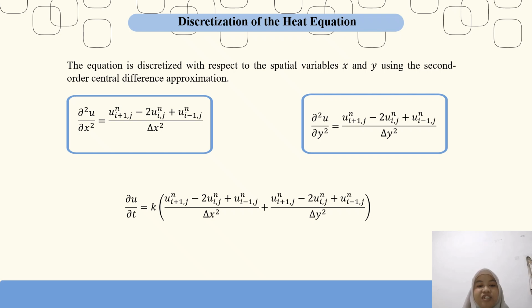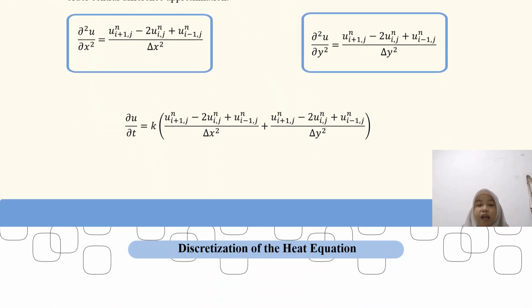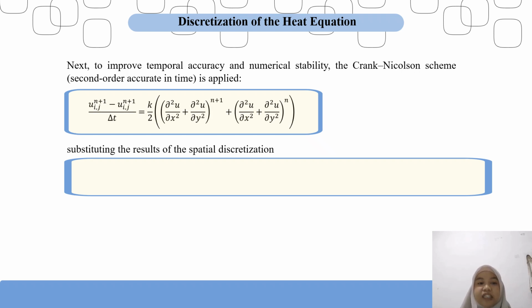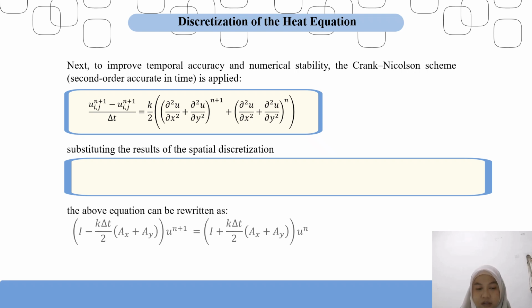By substituting the result of the discretization, and to improve temporal accuracy and numerical stability, the Crank-Nicolson scheme, which is second-order accurate in time, is applied. Next, substituting the result of the spatial discretization, as shown in the following equation.